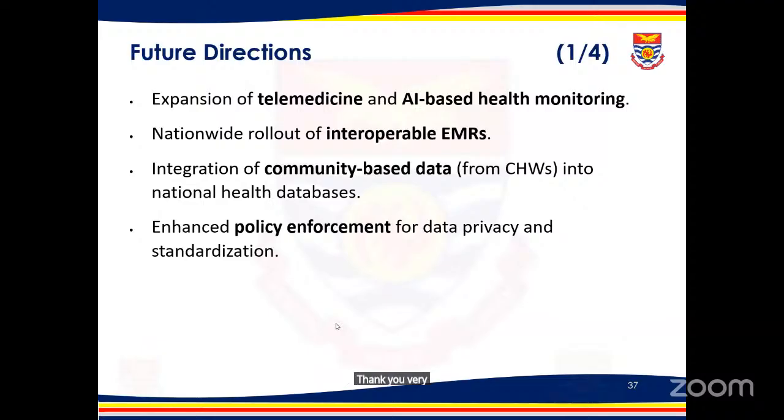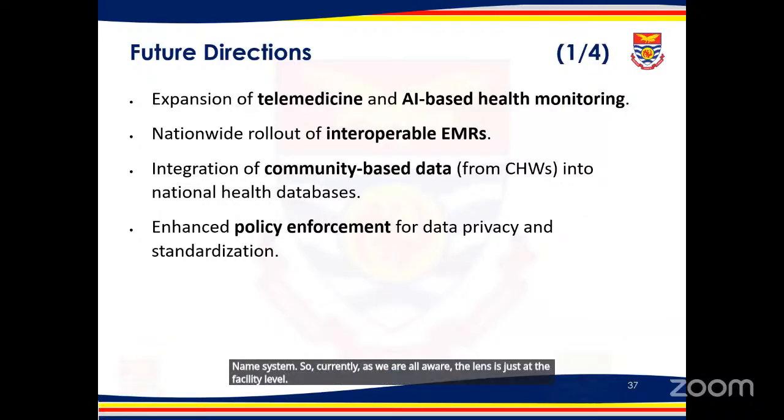Thank you very much. So the future direction, we need to have a nationwide rollout of interoperable LIMS system. Currently, as we are all aware, the LIMS is just at the facility level.